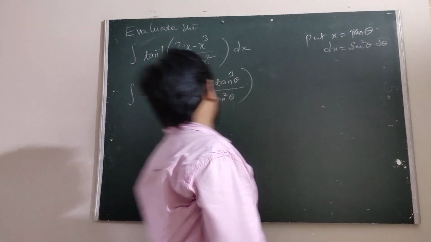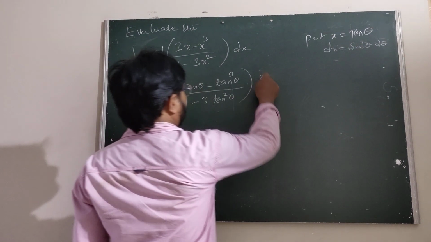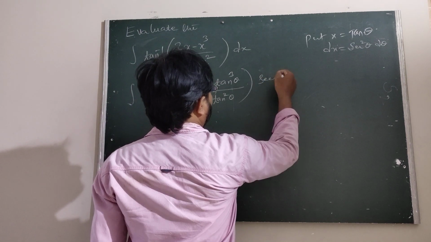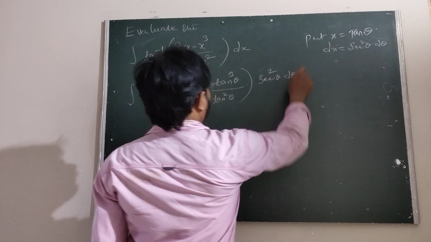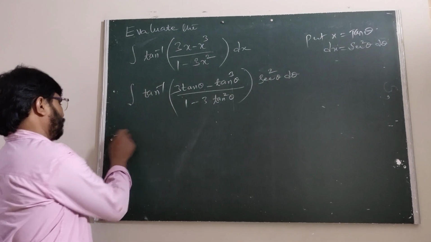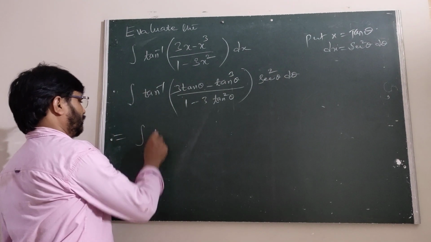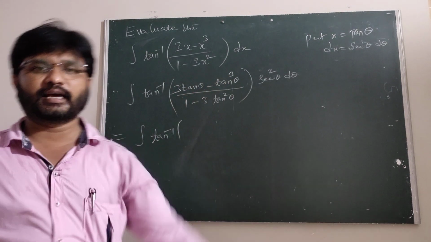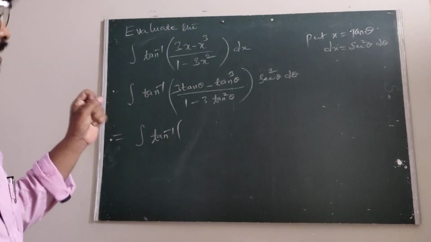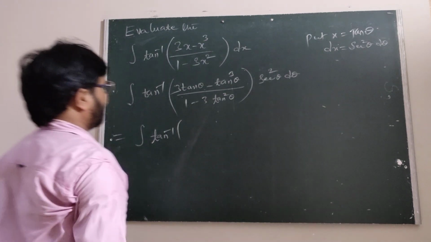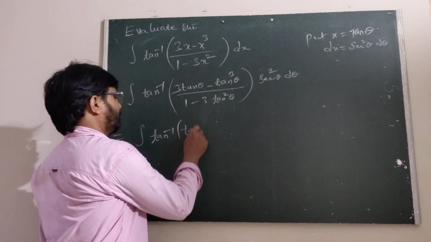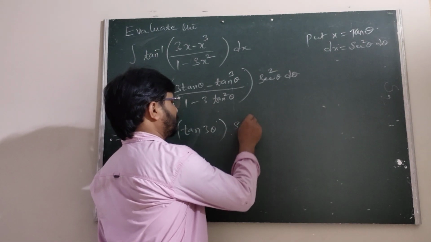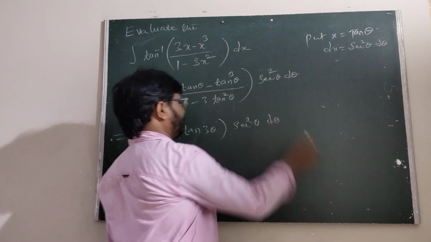Therefore, the integral of tan inverse of (3 tan theta minus tan cube theta) upon (1 minus 3 tan square theta) is tan inverse of tan 3 theta into secant square theta d theta.